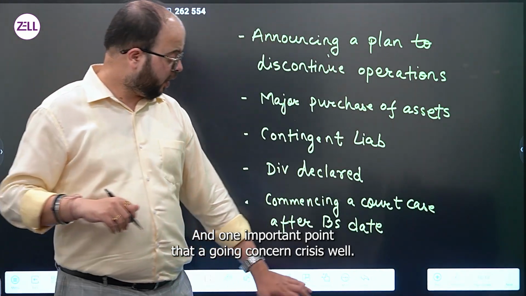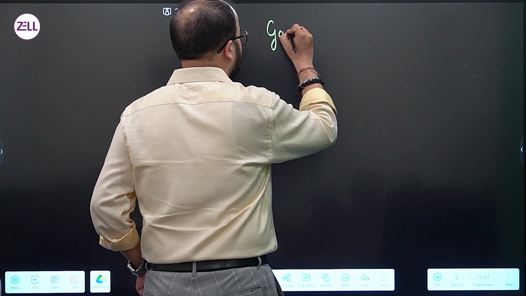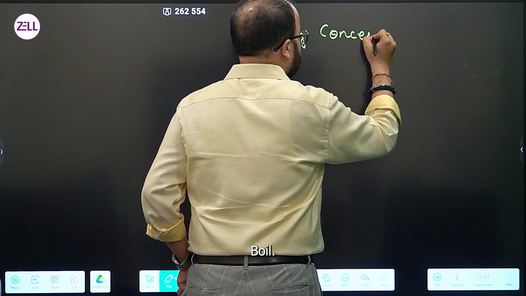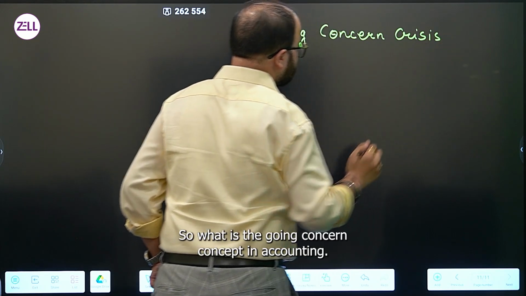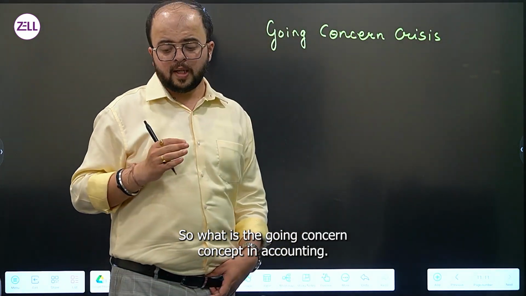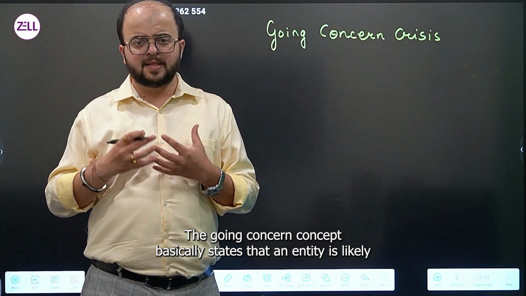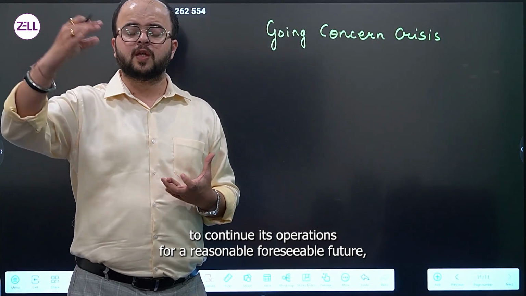And one important point, that a going concern crisis. So, what is the going concern concept in accounting? The going concern concept basically states that an entity is likely to continue its operations for reasonable foreseeable future.